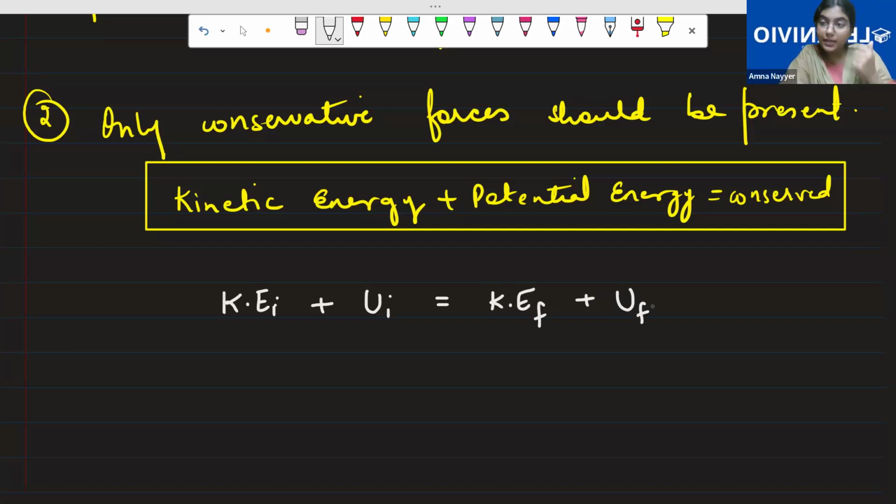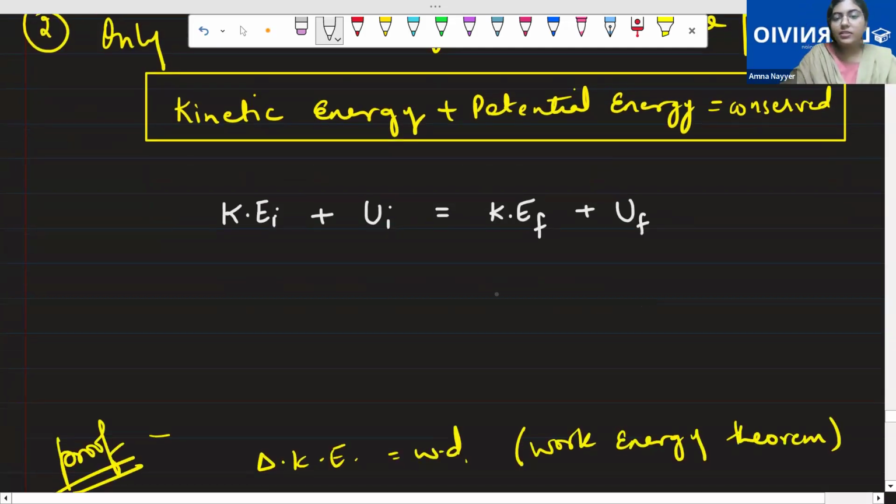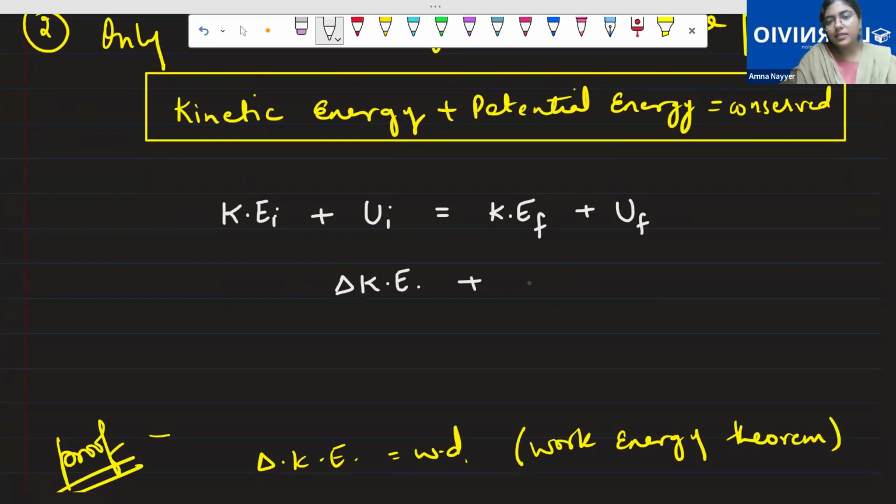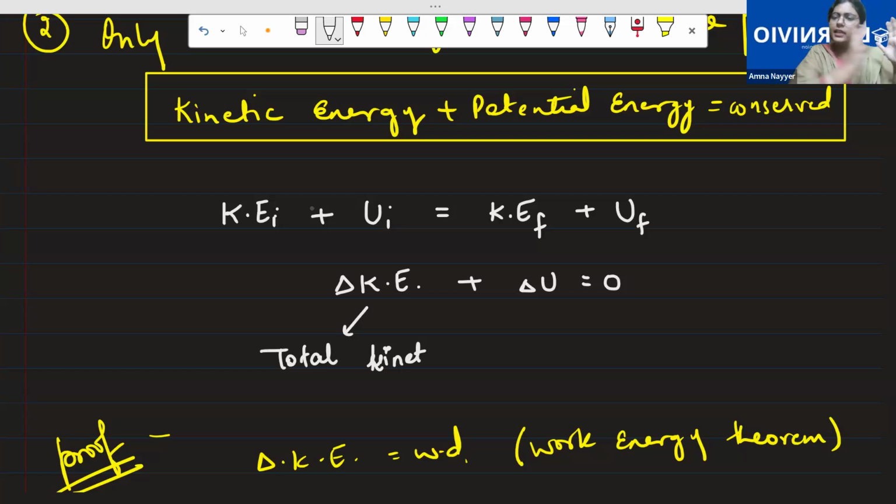So in short, you can even say the change in the kinetic energy plus the change in the potential energy is zero. This is my total kinetic energy and the other one is my total potential energy, all the initial energies and all the final energies are equal.